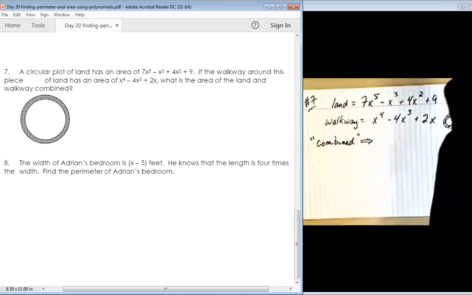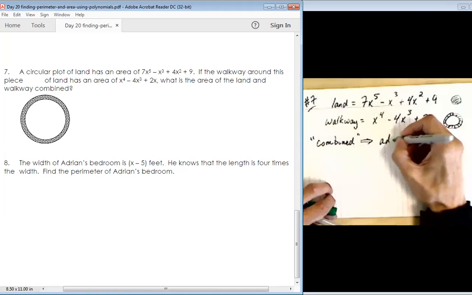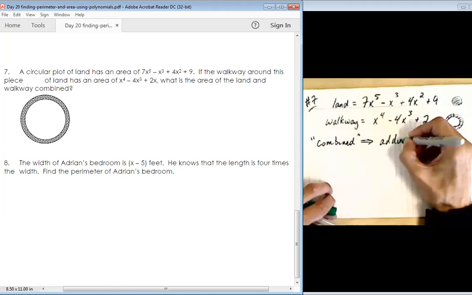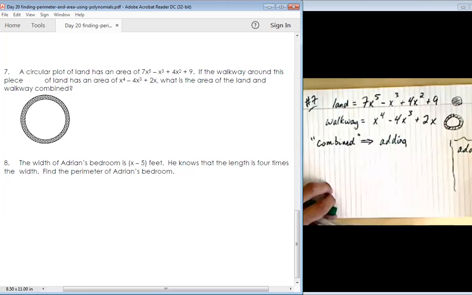Subtracting means minus. I'll show that here. Add, plus. Subtract, minus. Times, multiply.